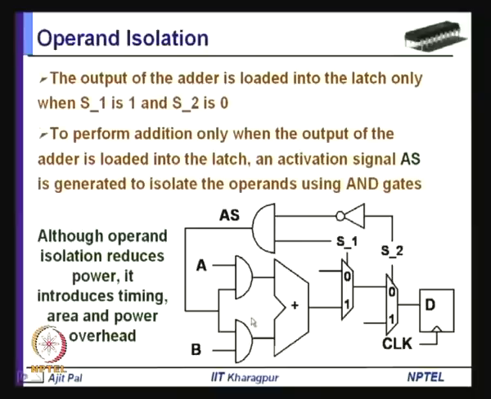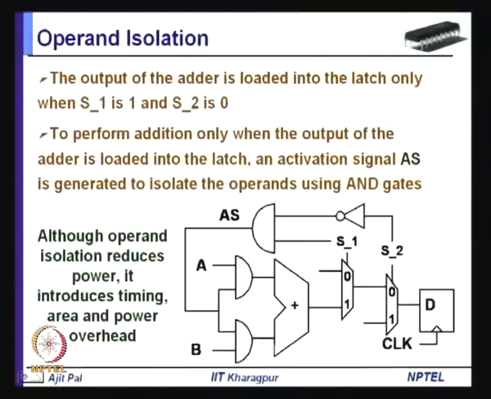So, here the trade off is that the power saving achieved by using operand isolation is more than the power that is consumed by the hardware that generates the activation signals and the additional hardware that you are using. Obviously, this trade off has to be satisfied, otherwise it will not have any benefit.